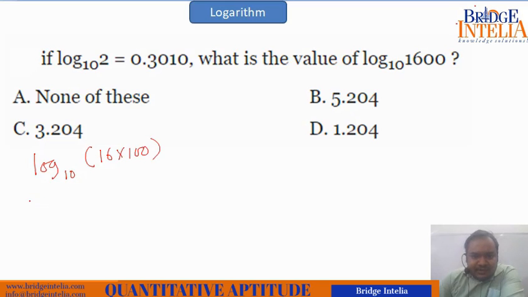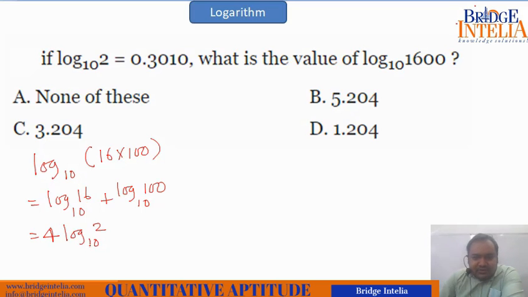So this will be log 16 to the base 10 plus log 100 to the base 10. So 16 can be written as 2 to the power 4. So 4 will come outside. So log 2 to the base 10 into 4 plus log 100 to the base 10 is equal to 2.